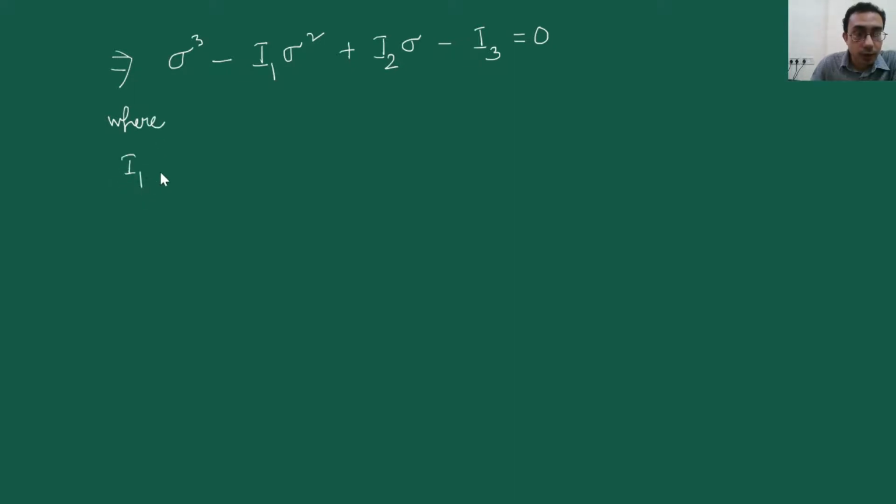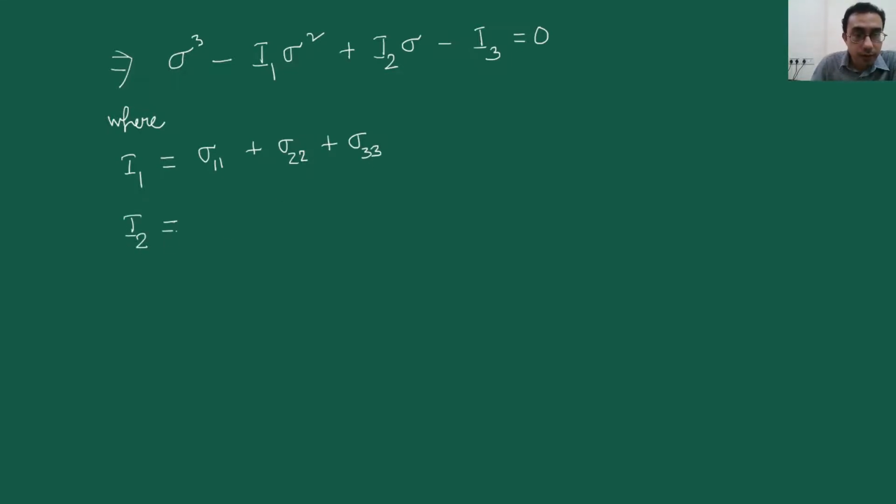written. So I'm going to the next slide here. It can actually be written in a very nice and clean form like this: sigma cube minus I1 sigma square plus I2 sigma minus I3 is equal to 0, where I1 happens to be just sigma 1 1 plus sigma 2 2 plus sigma 3 3.